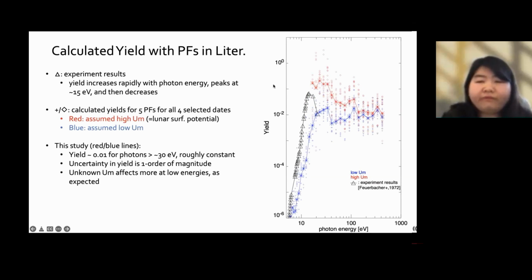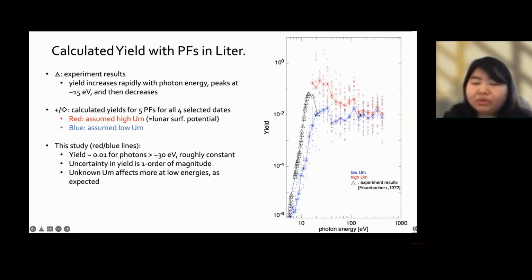For the 5 assumed probability functions, we have this result where we show the photon energy versus yield. The triangles are lab measurements of the yield, which are only for less than 20 eV. You can see the yield increases in energy then falls off. If you look at this curve alone, you would assume the yield just decreases in energy. But what we calculated are the colored symbols, with different colors for different lunar surface potentials.